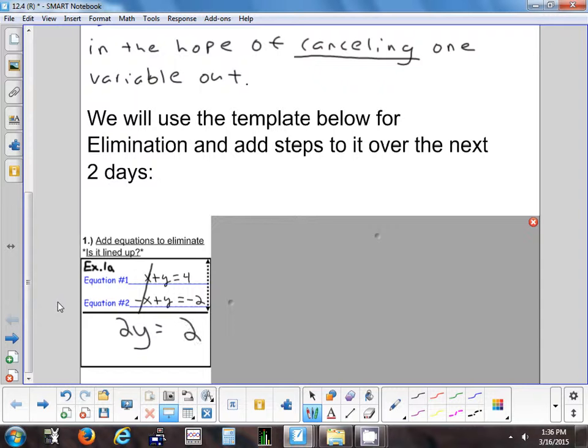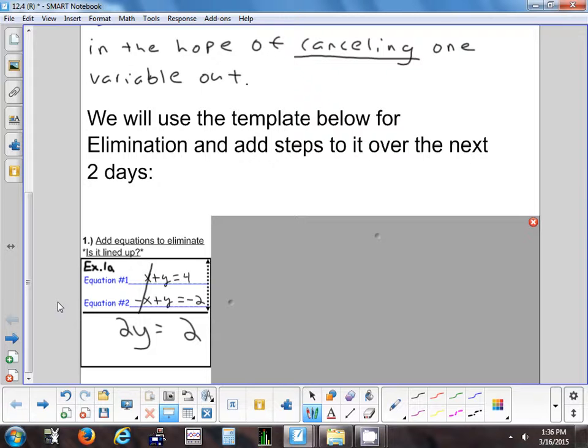So I eliminated. It's lined up. The X's are over the X's, the Y's are over the Y's, and the constants, the regular numbers, are over each other too. Everything's lined up the way it needs to be.